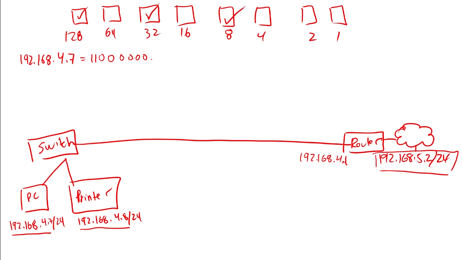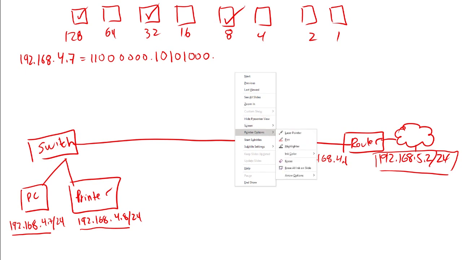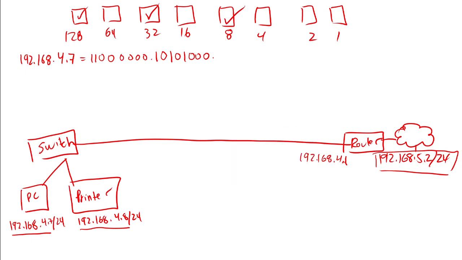So that's 10101000. Then 4 is pretty obvious, so we're just checking off 4 now.